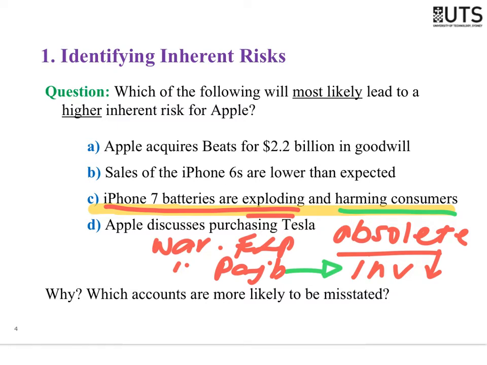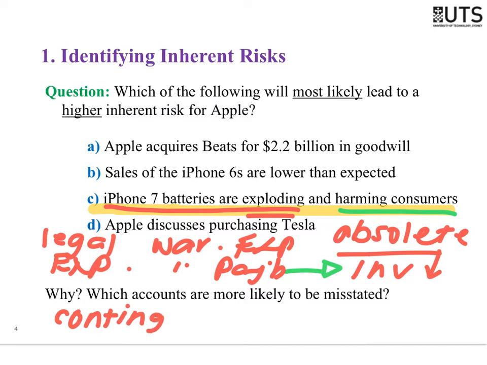One more. Take it one step further. Lawsuit. If they are actually harming consumers, they might turn around and sue. Now, if that happens, again, here are the implications. They will have legal expenses on the company, so you look into the legal expense account. You know what you also look into? Potential contingent liability.